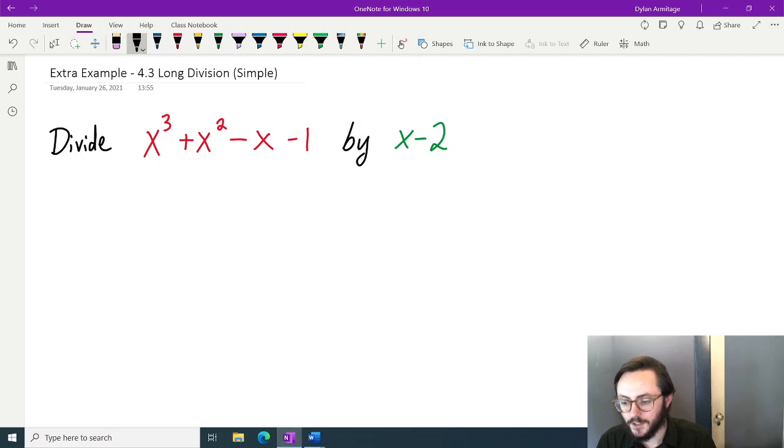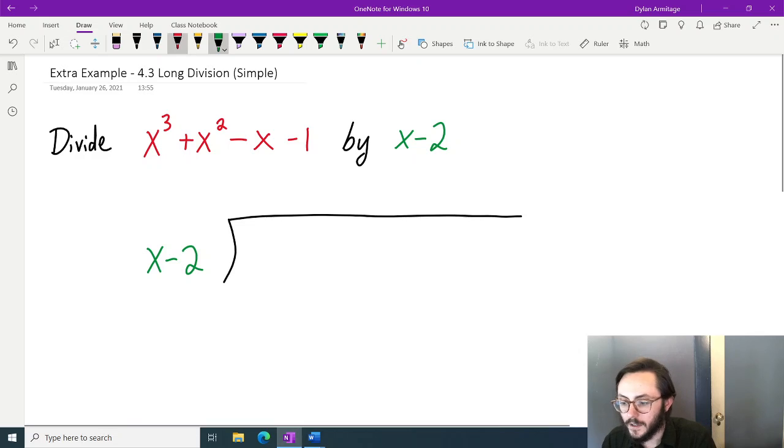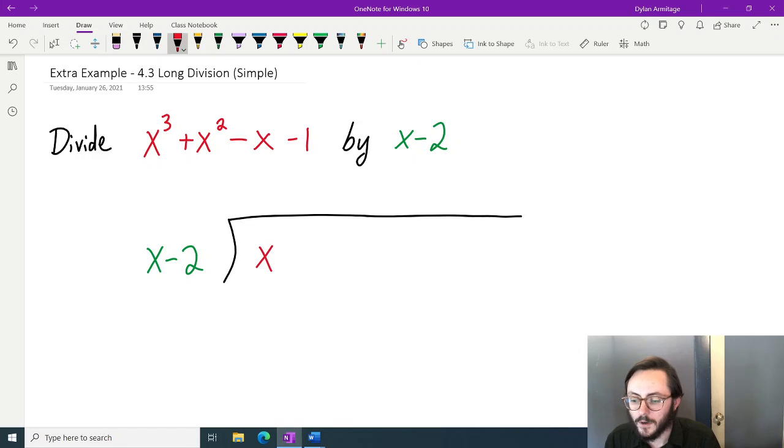So for long division, we set it up just as we would always. We have our little division here. We have our divisor, x minus 2, on the outside, and on the inside we put our dividend with all terms. Okay, so in standard form, we start with the highest exponent, so in this case, the 3.